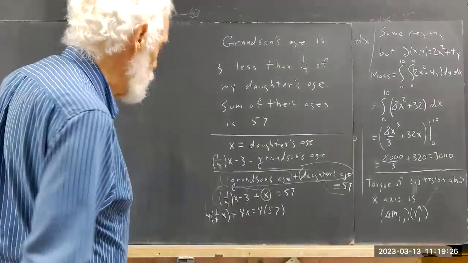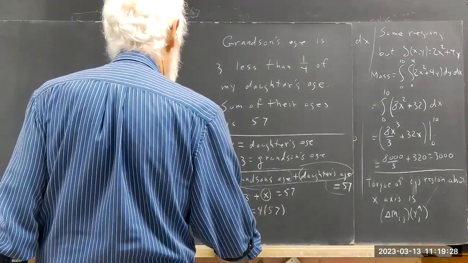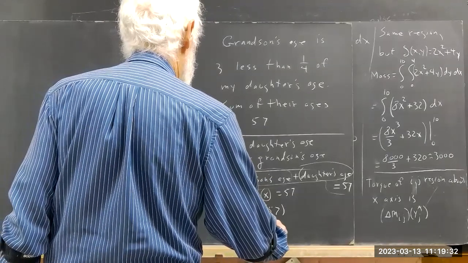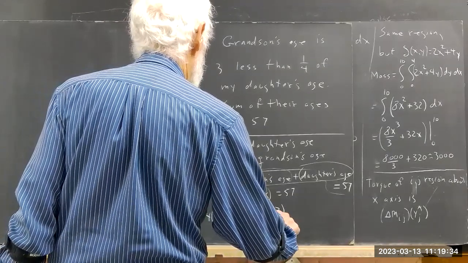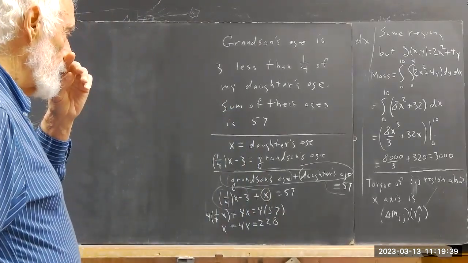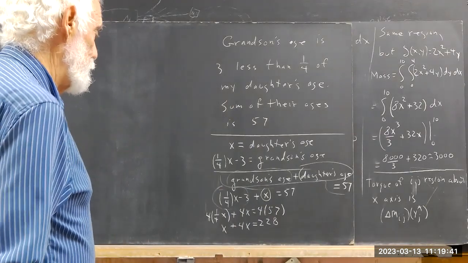So we multiply every term by 4, and we get X plus 4X equals 228. Uh-oh, I lost the 3.